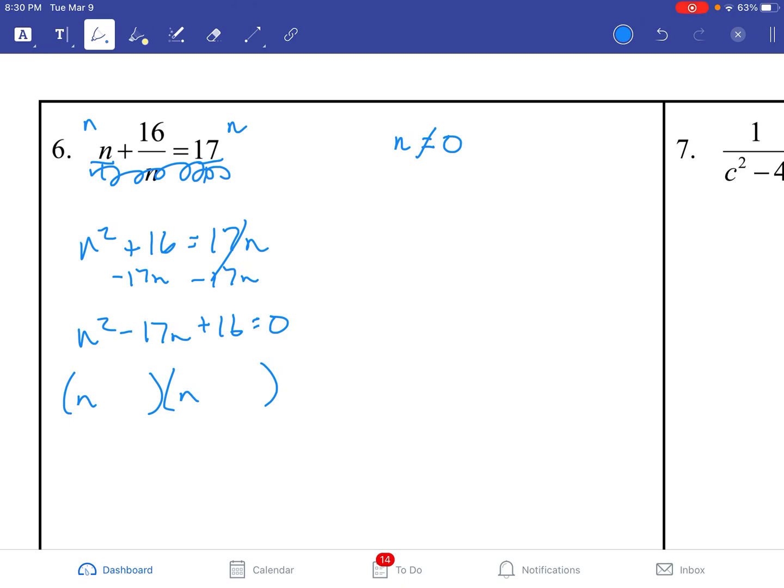Well, it seems kind of complicated, but it's really just 16 and 1. Okay, but they both have to be negative. So if I solve these, n is going to equal positive 16 and positive 1. And neither of those is 0. Excuse me, so those are okay.